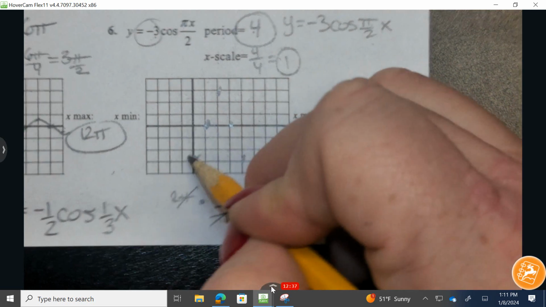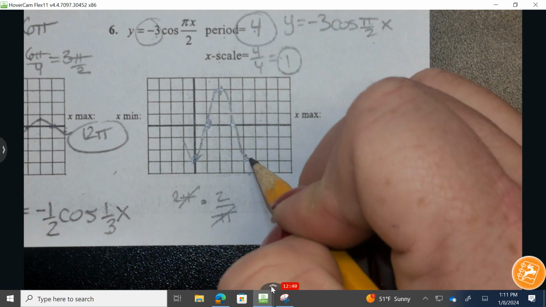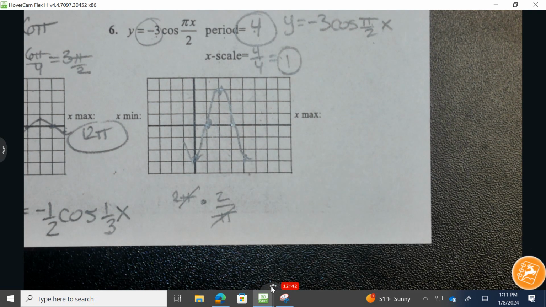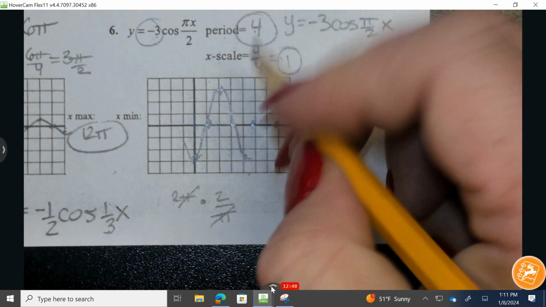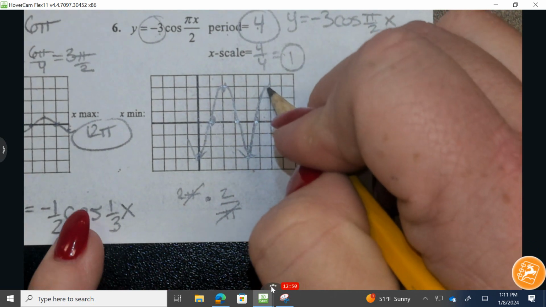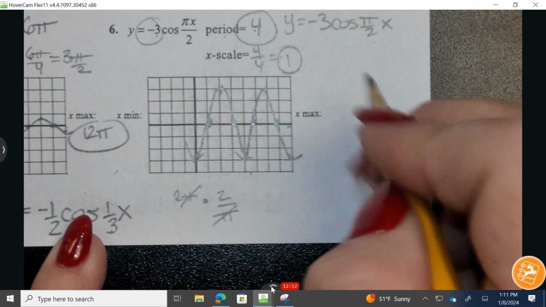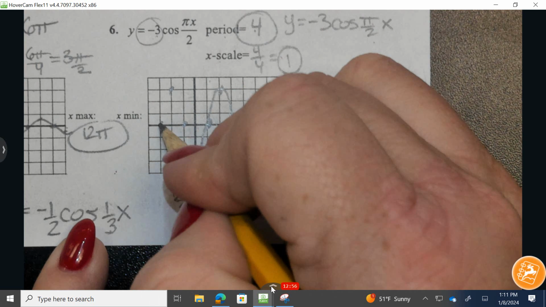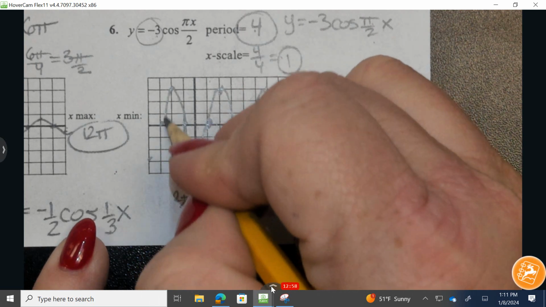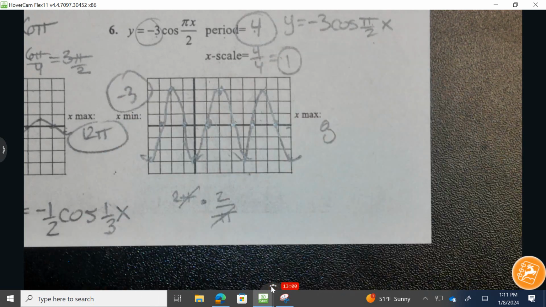So this is one cycle, and that's a length of 4. I'm going to continue that again. So 4 and 4 is 8 to the right, and then back up here. And negative 3 to the left.